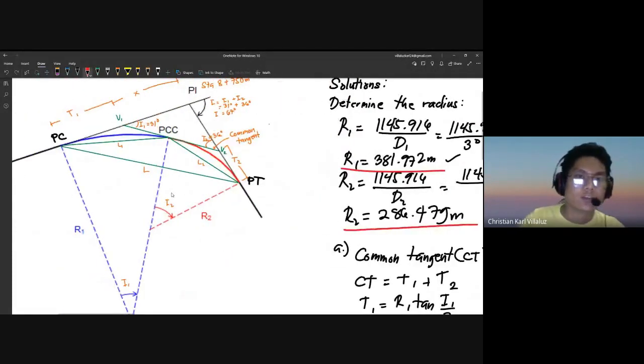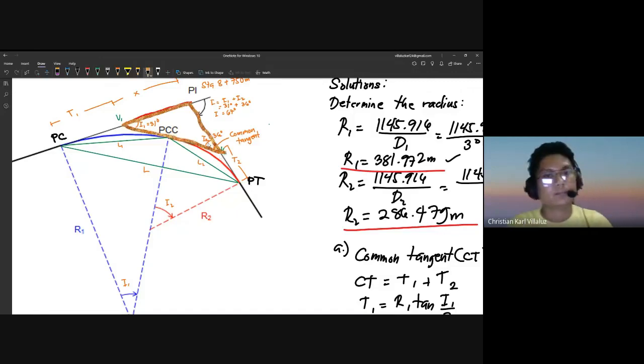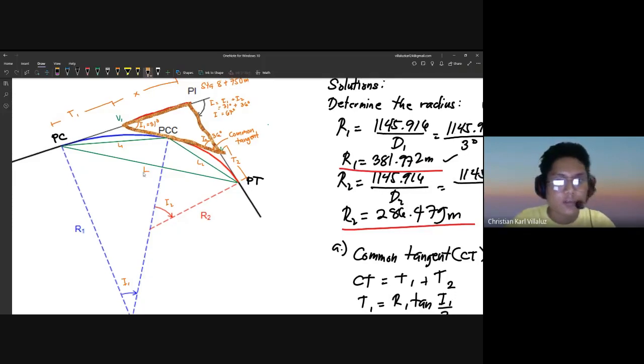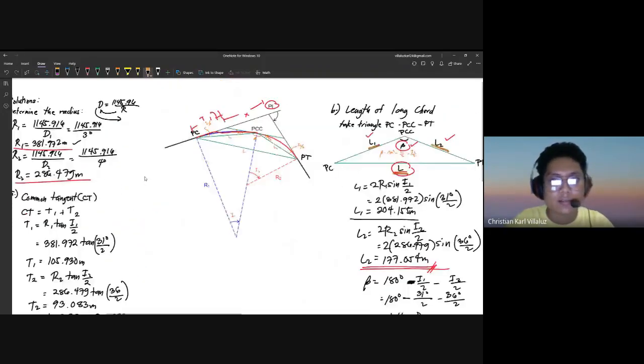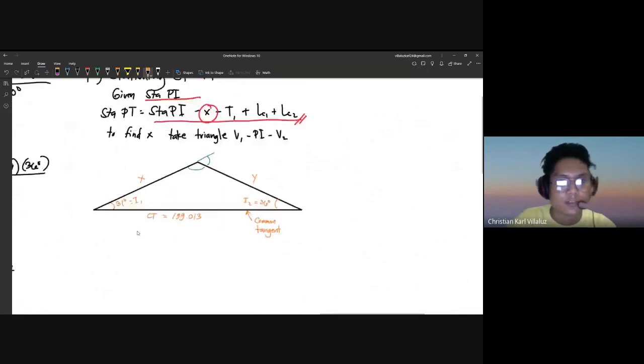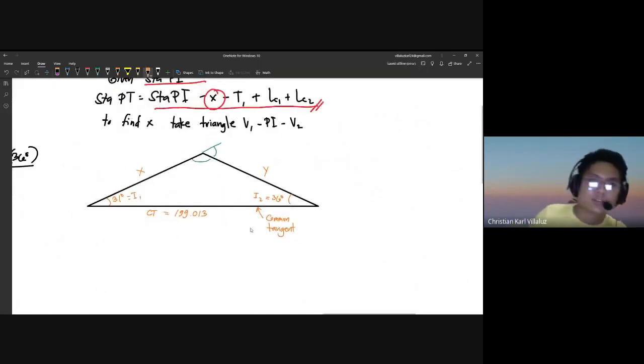So, babalik tayo dito sa compound curve, ang X ay ito. Ito yung X from PI vertex. So, para ma-compute yung X, dito tayo magfo-focus sa triangle na to. Sa vertex 1, vertex 2, and PI. Ito na yan. Okay? So, ito yung point of intersection.